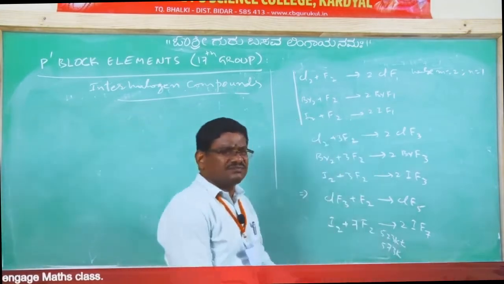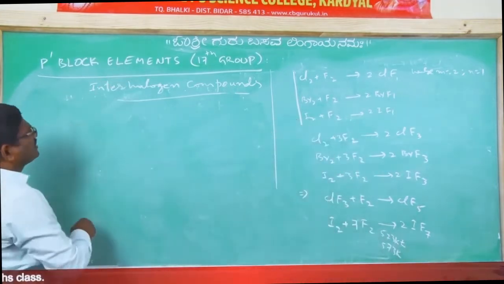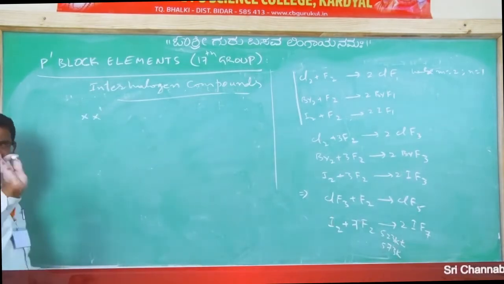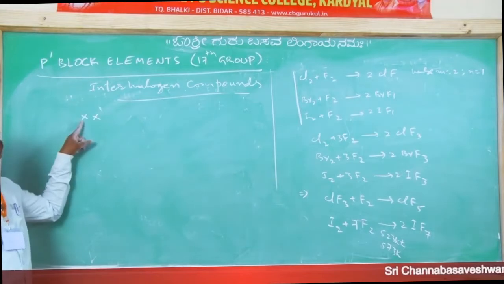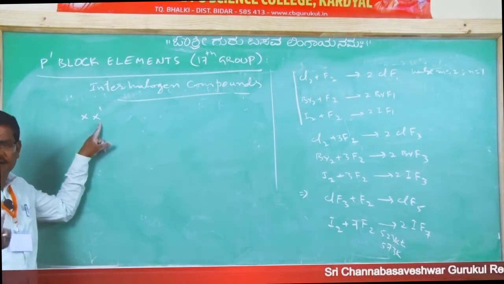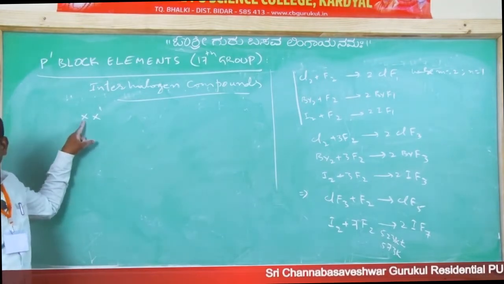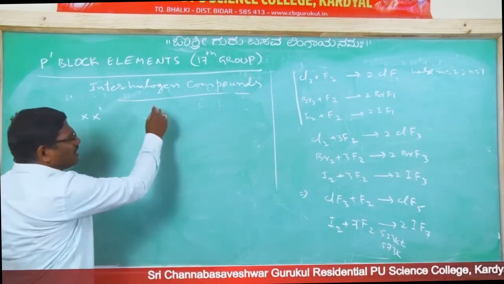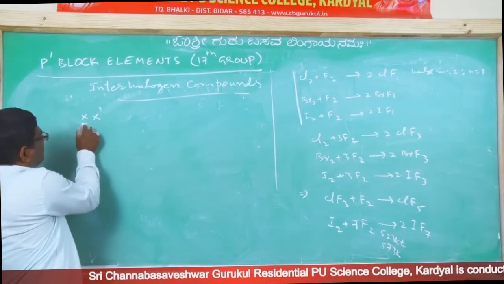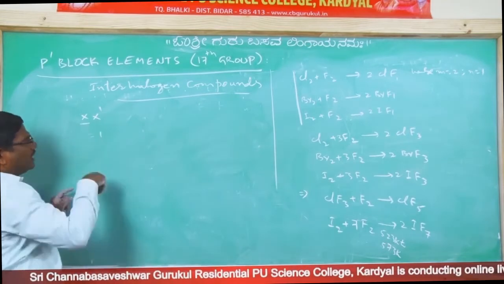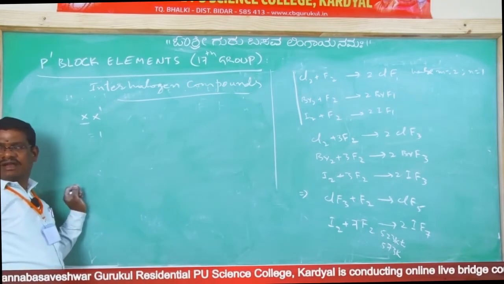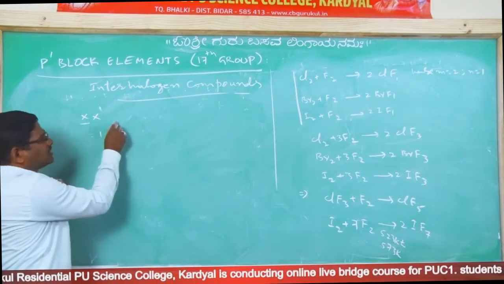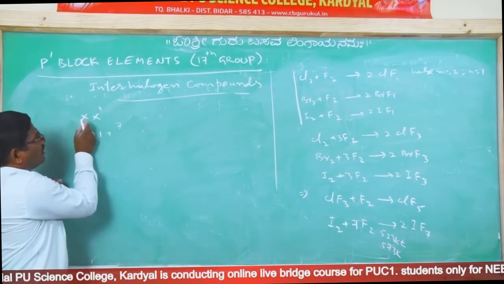And geometry. Again here, like oxo acids, let us check X dash. No confusion. X is the central atom, X dash is the attached atom, or X is with larger atomic size, X dash is smaller atomic size. Similar to oxo acids, this X is a central atom. Around it how many atoms are attached? Only one atom attached, plus the group number of X, halogen is 7. Then what is the oxidation number?